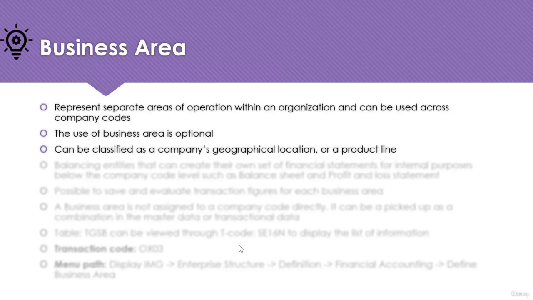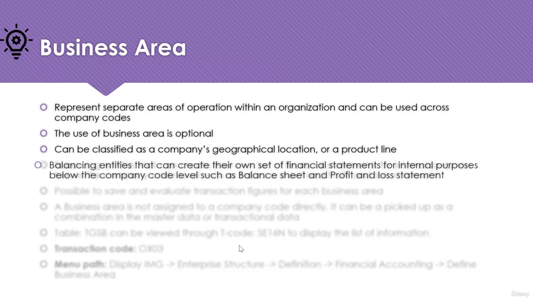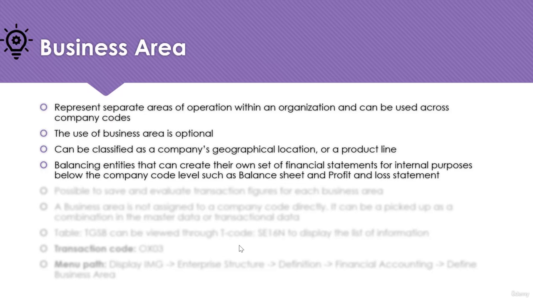So in our scenario, we are using business areas as geographical location and not product lines. These are balancing entities that can create their own set of financial statements for internal purposes below the company code level, such as balance sheet and profit and loss statement. It is possible to save and evaluate transaction figures for each business area.